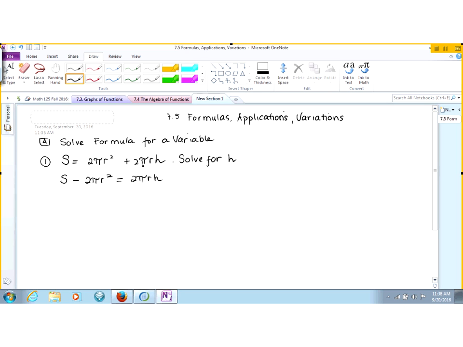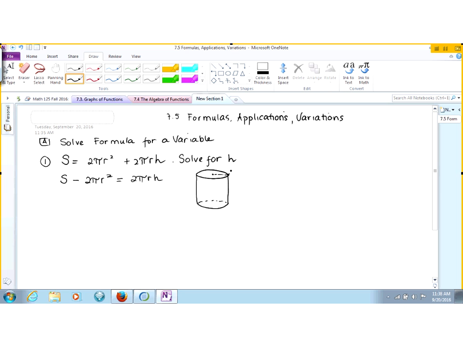Do you remember what formula this is? A cylinder? Yes. That is the surface area of a right circular cylinder, right?